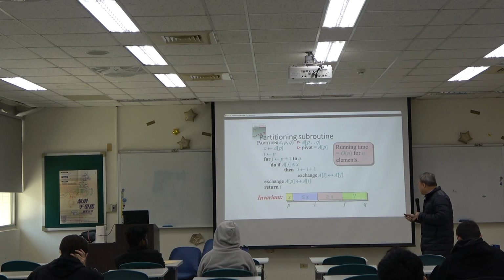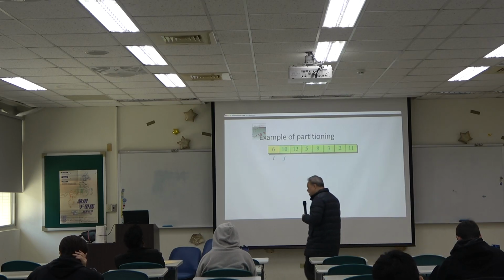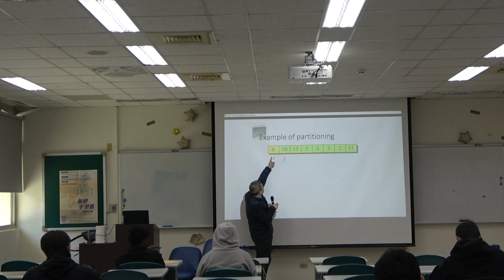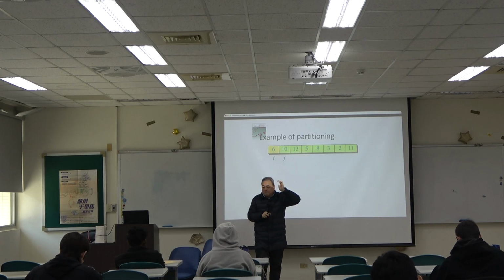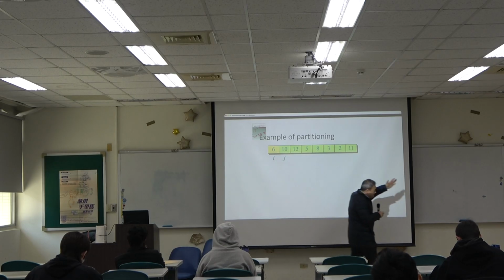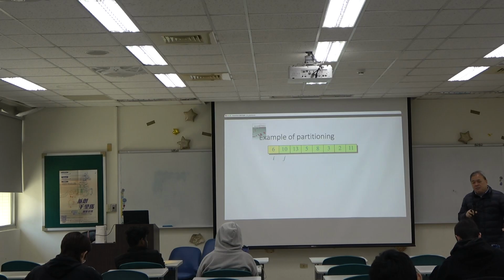Okay. I will come back to this algorithm later on, but let's look at this. As I said, initially this is our pivot, the first element. And all the other elements, we haven't processed them, so they are colored green.